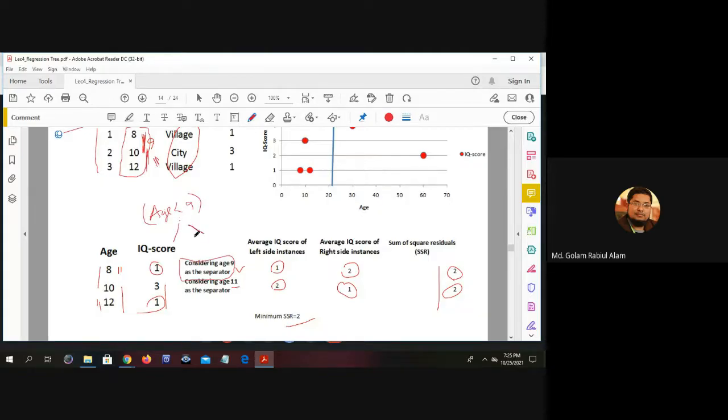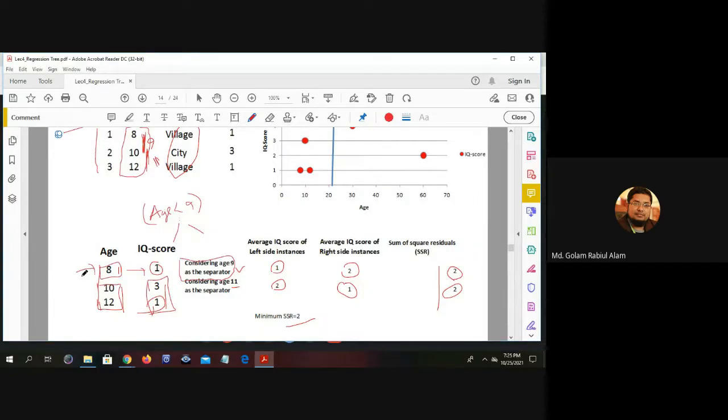then it will again divide the data set into, maybe, less than 9, that means just one instance, and that is this one, less than 9, and these two are greater than 9. So the IQ score of this one will be on the left side, and the average IQ score of these two will be on the right side.